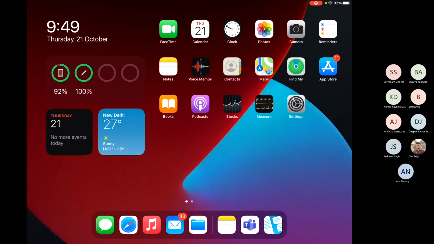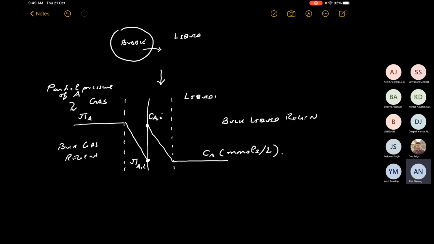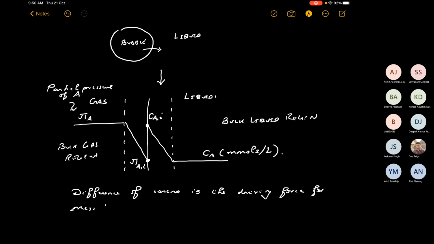Okay, so then, go back. The reason why we are going through all this, if you're wondering why we have separated this concentration, the main point here is that the difference of concentrations is the driving force for mass transfer only in a single phase.